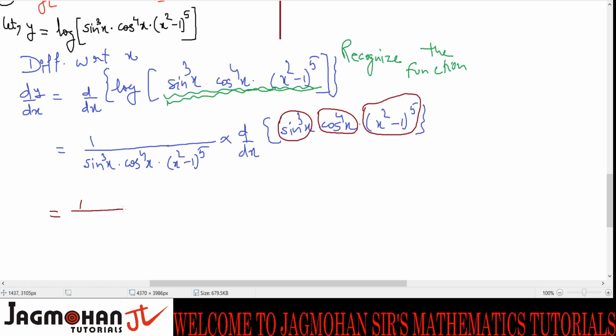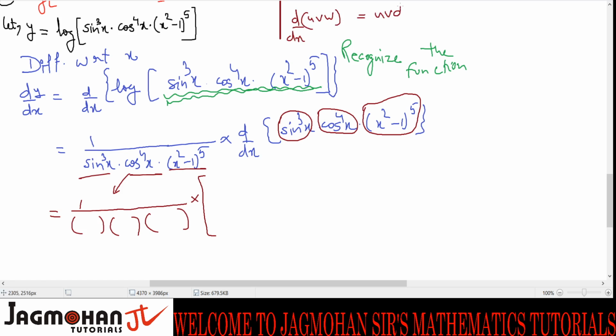You will write here this thing, copied as it is: 1 bracket, 2 bracket, 3 bracket for these three factors. Then here you will put a big bracket, because d by dx of u, v, w is equal to u, v, d by dx of w plus uw d by dx of v plus vw d by dx of u.